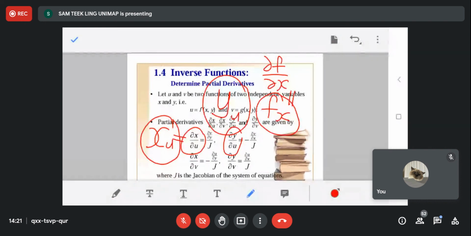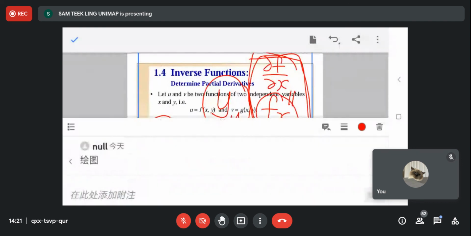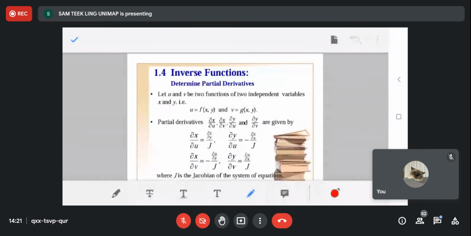So I'll let you know first, they can write like this. This one and this one are the same meaning. So this is the inverse function formula.